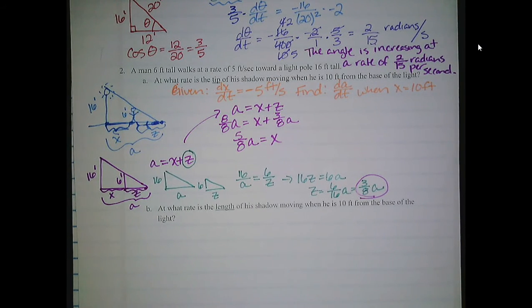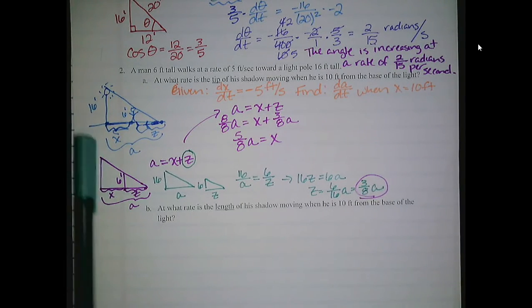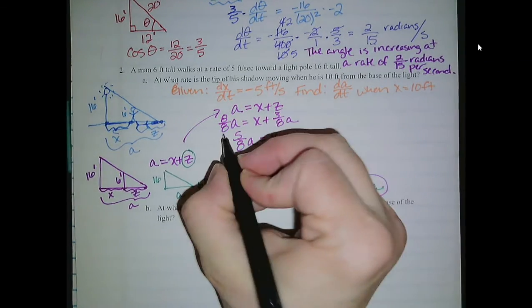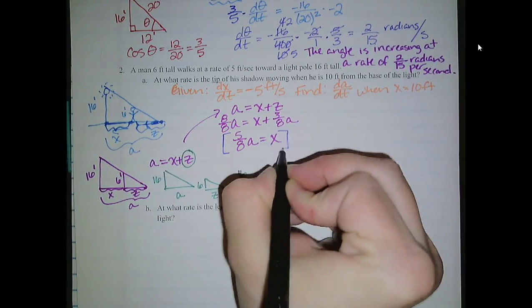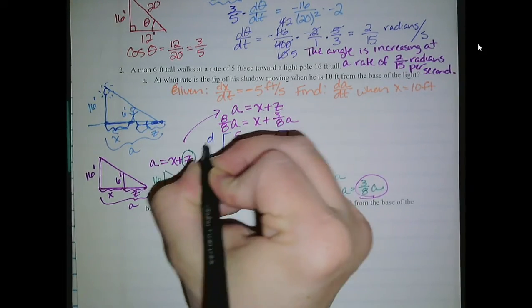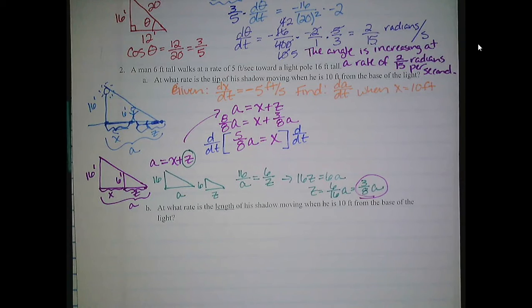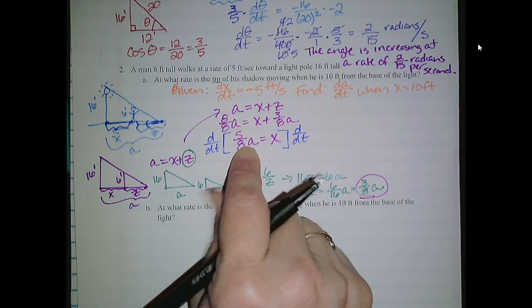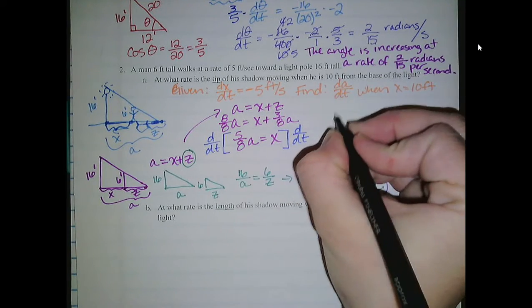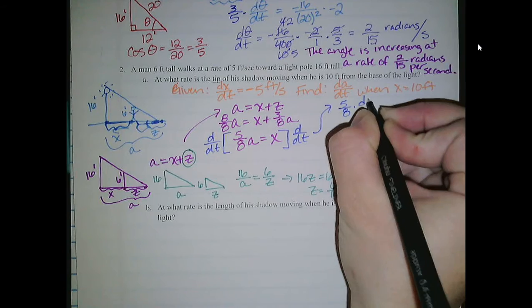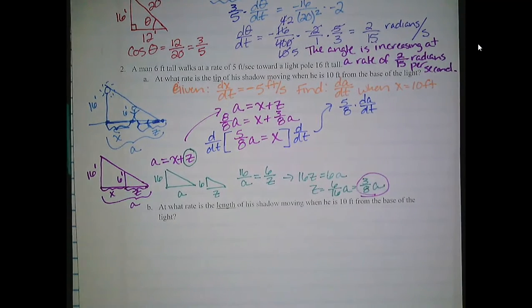I am ready to differentiate everything with respect to t. So the derivative of 5/8 a with respect to t will be 5/8 times the derivative of a with respect to t. That's what I'm looking for.